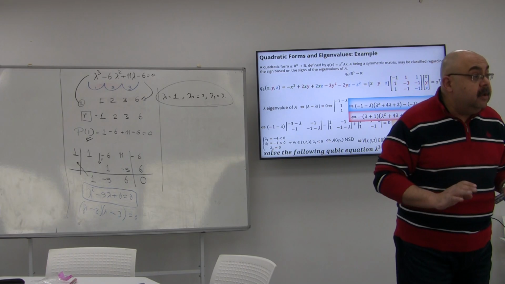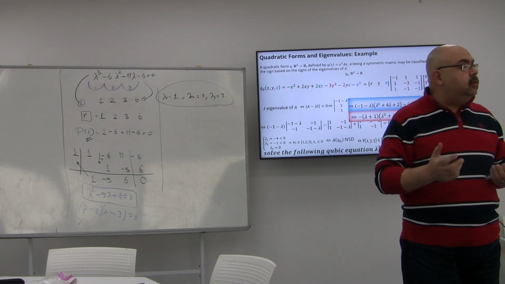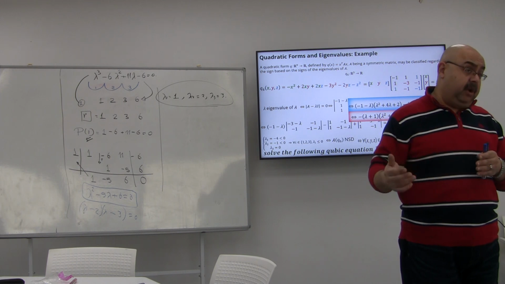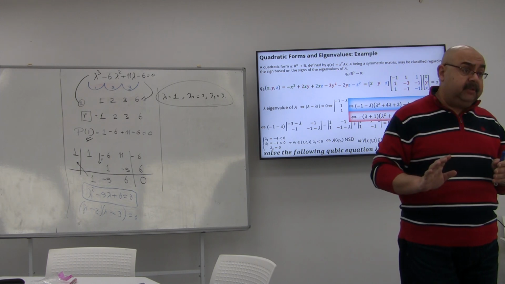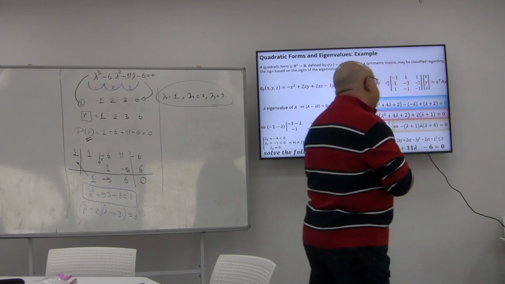Okay? So if I have 2 by 2, it's going to be very simple, because once you try to get these eigenvalues for a 2 by 2, you end up having a quadratic equation. You will be able to solve it. But if I have 3 by 3, you are in between two cases.